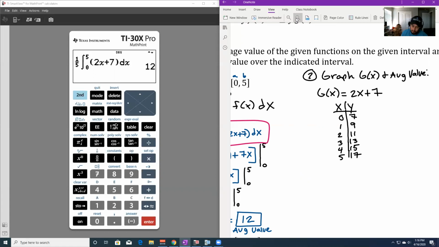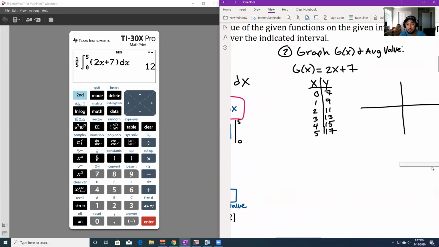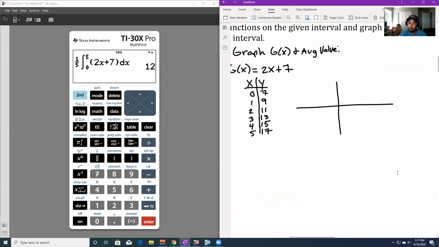Okay, so that means that next, let's go ahead and graph it. So keep scrolling over, sorry, messed that up. And I'm gonna make intervals from 0 to 5. So here's 0, 1, 2, 3, 4, 5. And then we start at 7, 9, 11, 13, 15, 17.